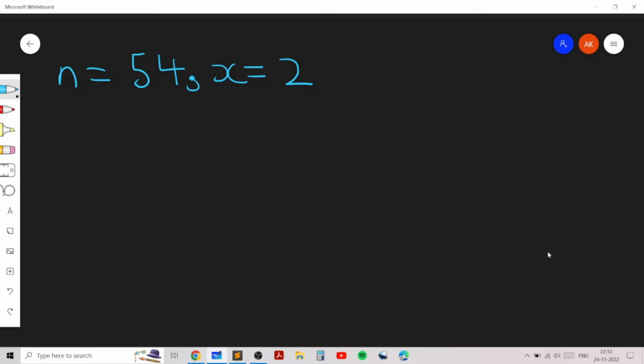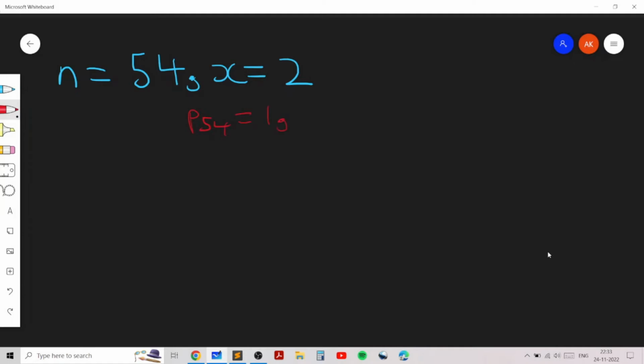So to make this clear, let's take another example where x is 2 and n is 54. In this case, as I mentioned, the numbers which are multiples of x and factors of n are the only ones which will matter. So let's make this concrete. Let's say that when n is 54 and x is 2, we know that P of 54 is fixed to be equal to 1.